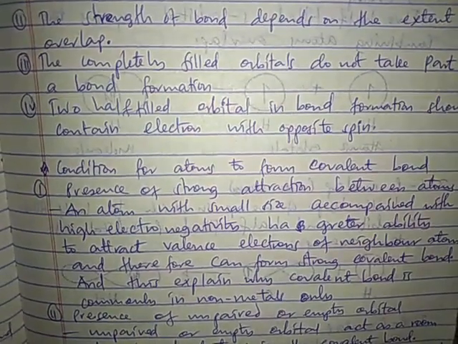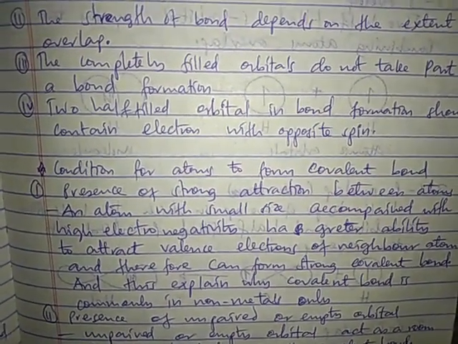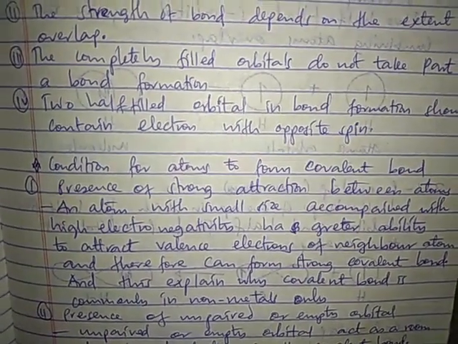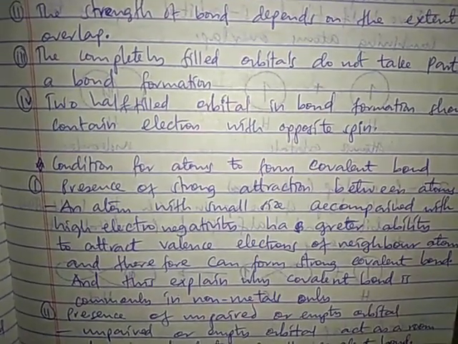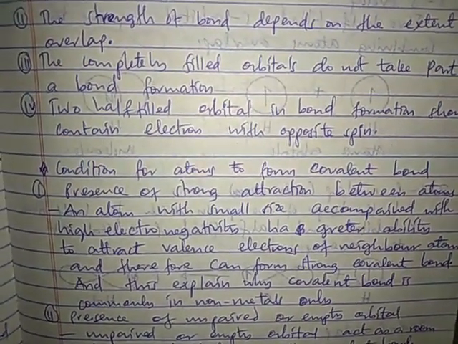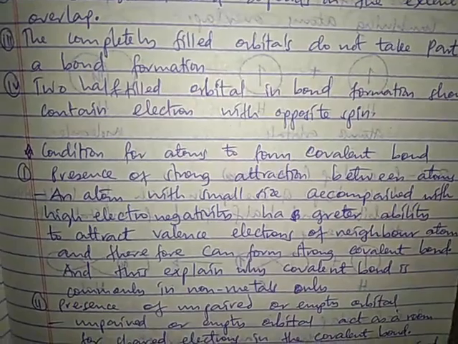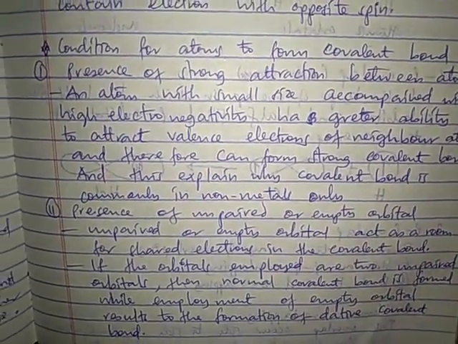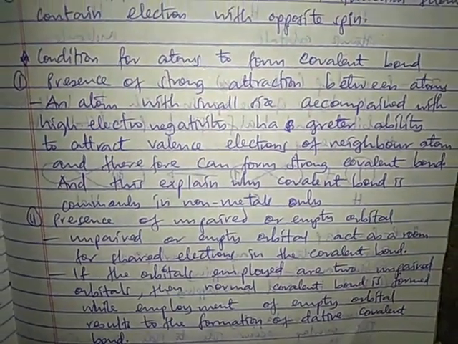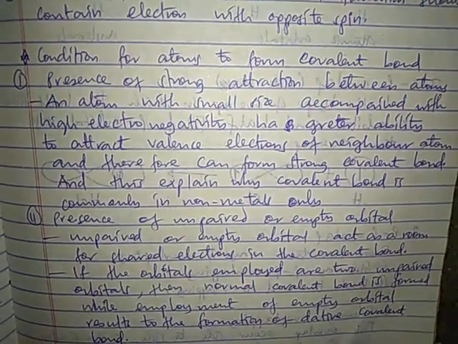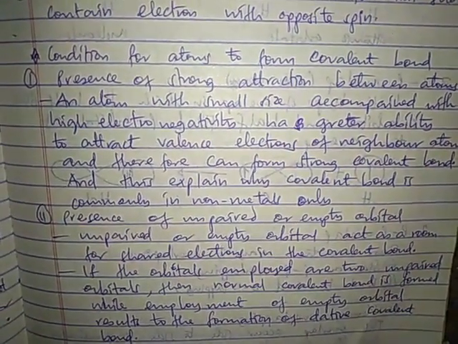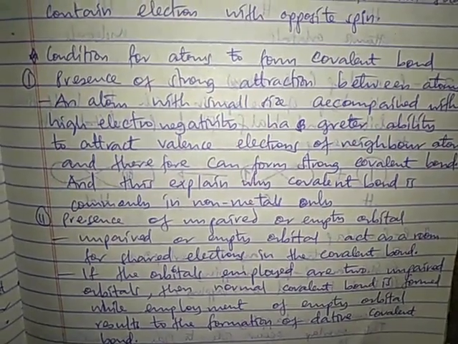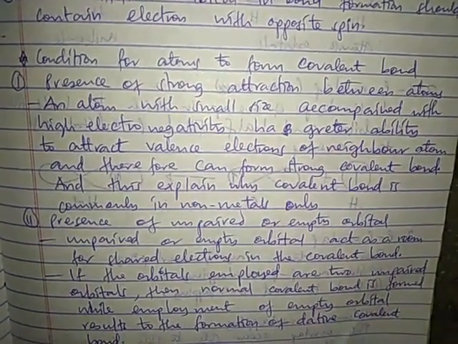That is, if one rotates clockwise, another one should rotate anti-clockwise in order for them to overlap and pair. Otherwise, they can't overlap. And from there, we have conditions for an atom to form covalent bond. All of these conditions and postulates are asked in questions directly, so you should understand and master them.